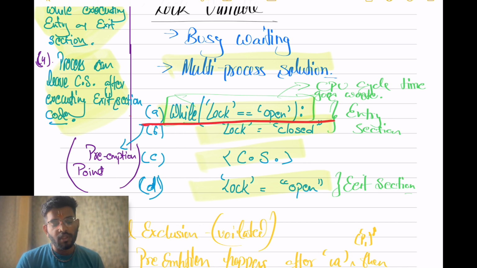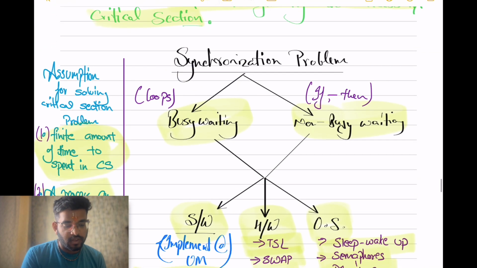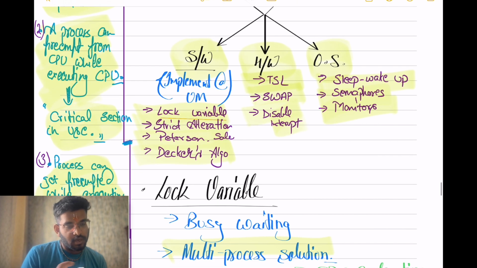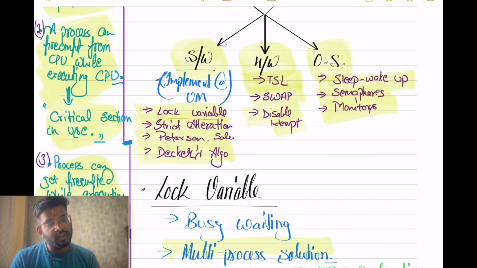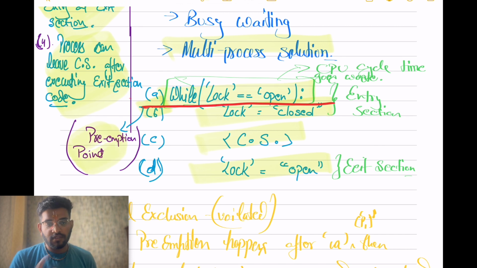But as we are making certain assumptions for solving the critical section, a process can get preempted even while executing the critical section, entry section, or exit section. So when the lock is open, between statement A and B, if a process gets preempted, the lock is still open.